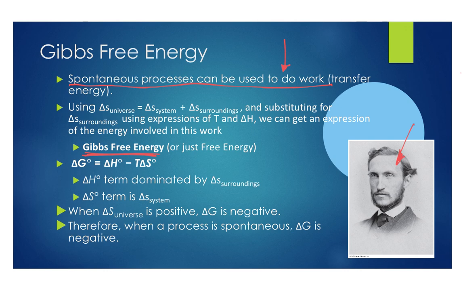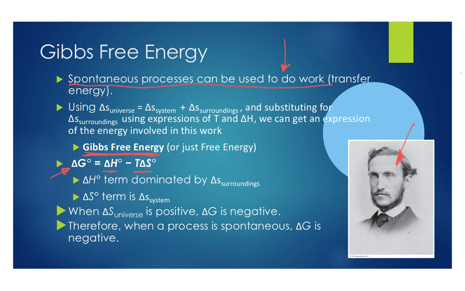We can quantify this using the equation that the change in energy, in other words the amount of energy transferred, is equal to the change in enthalpy minus temperature times the change in entropy of our system.